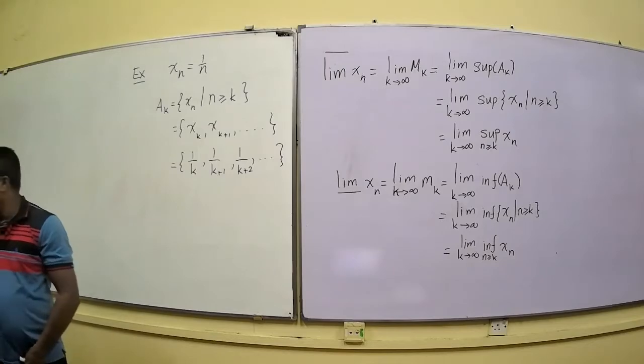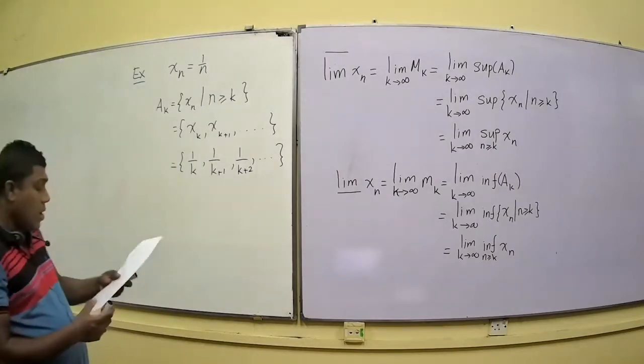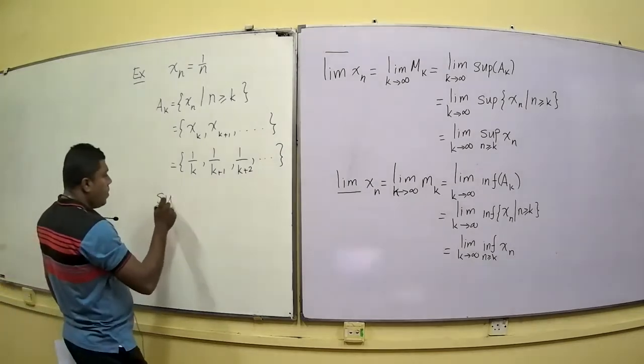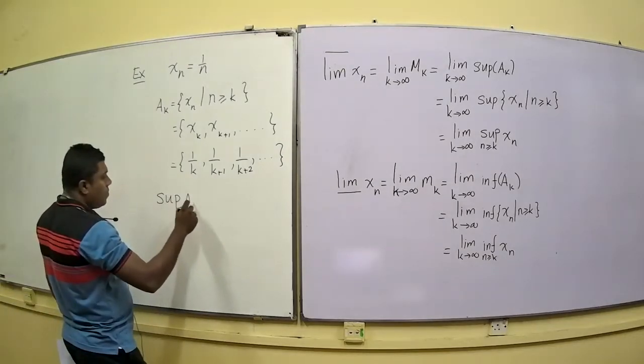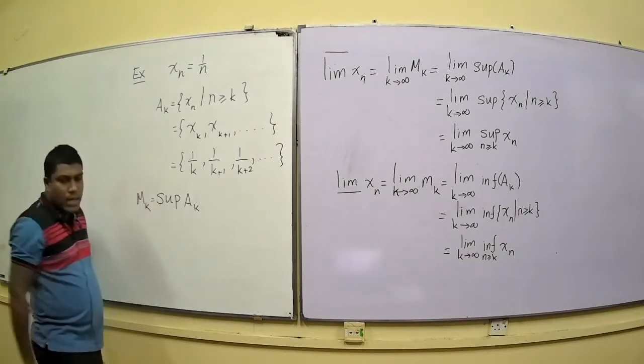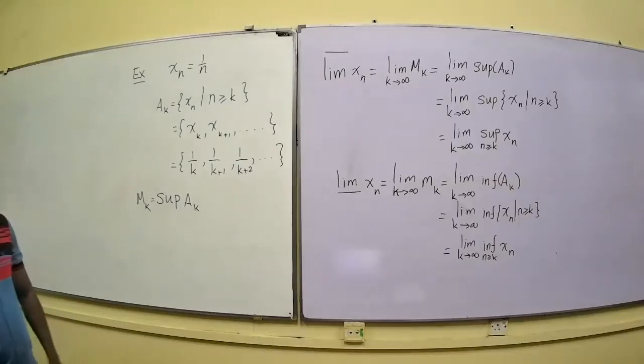Once you find the set, then you can find the supremum. We name it capital MK according to our theory, that is the supremum of AK.